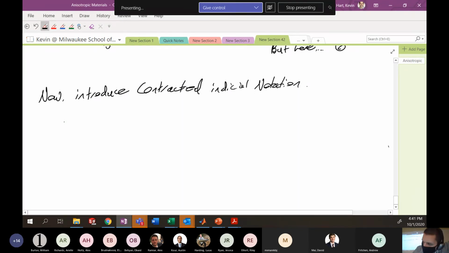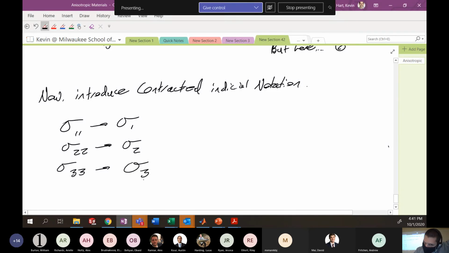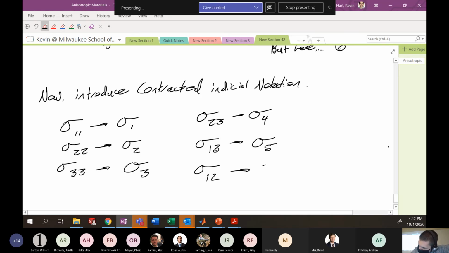That contracted indicial notation says we let sigma 1,1 be sigma 1, sigma 2,2 be sigma 2, sigma 3,3 be sigma 3. Let sigma 2,3 equal sigma 4, sigma 1,3 becomes sigma 5, and sigma 1,2 becomes sigma 6.